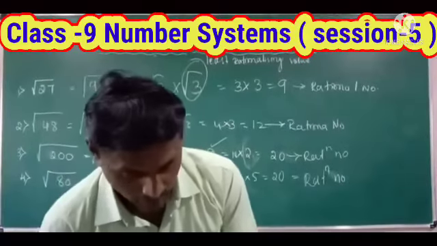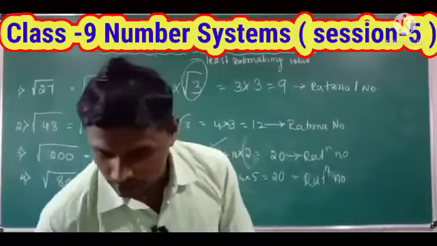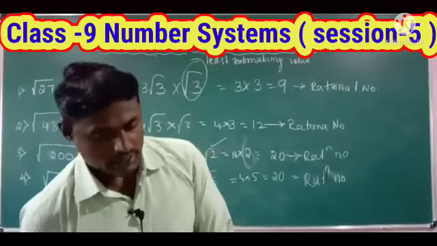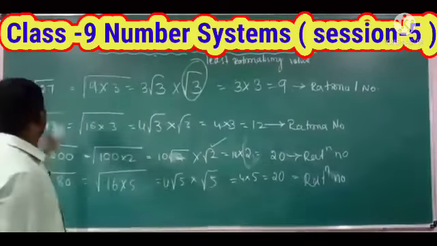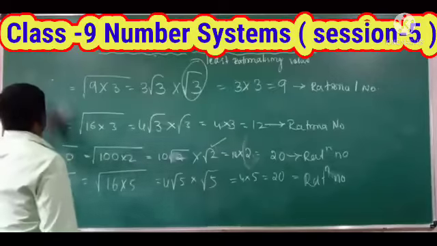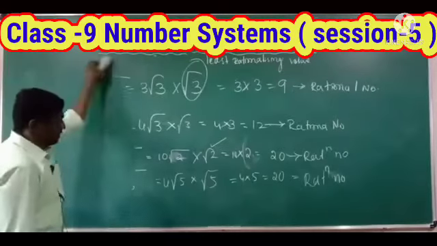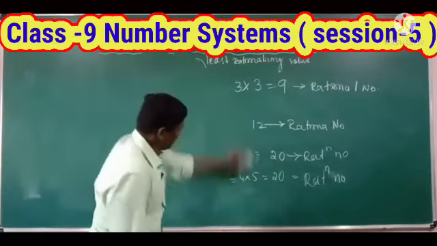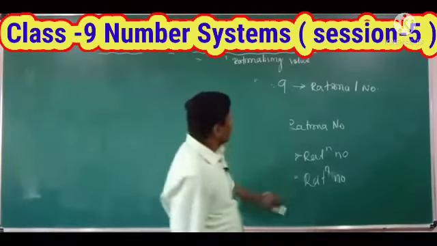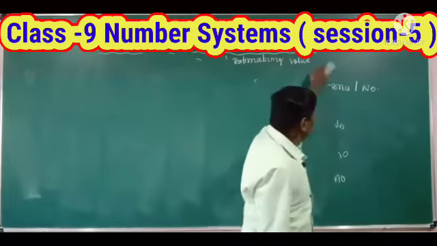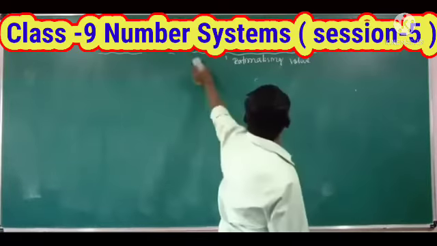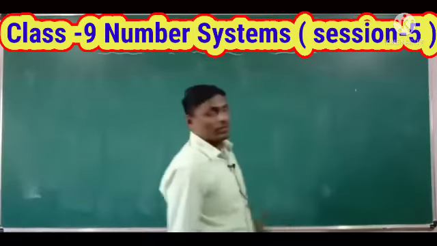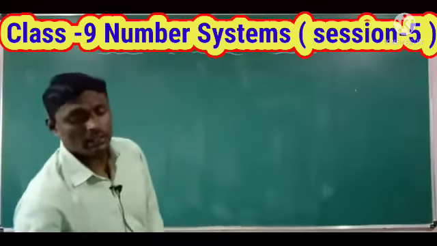The next concept is rationalization of the denominators. In the rationalization of the denominator, we are multiplying the least rationalizing factor and converting it into the form of rational numbers or irrational numbers.